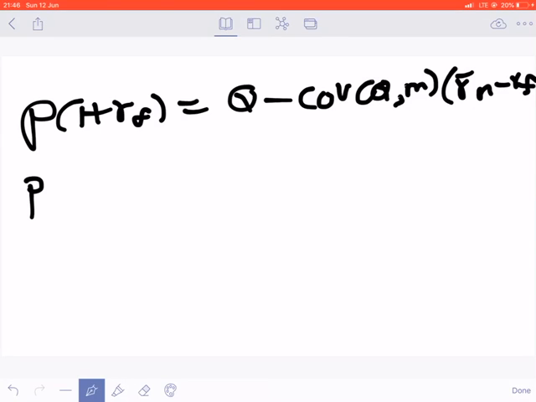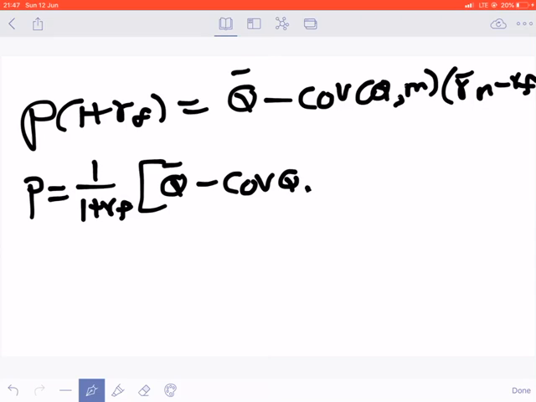So you would have P again as the subject of the formula, and then you'd have 1 over 1 plus RF, and then you'd have the payout Q. We say here that Q is a payout again, so you'd have the covariance of Q and the market over the variance of the market.